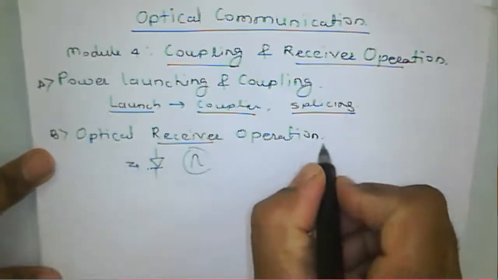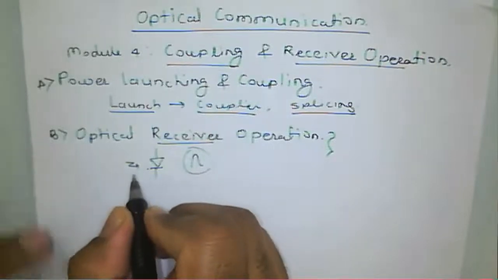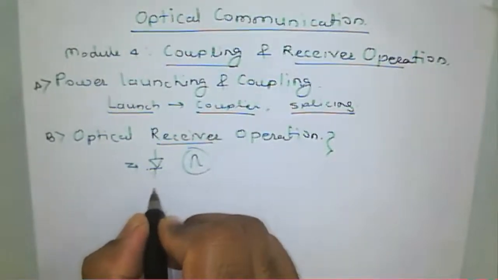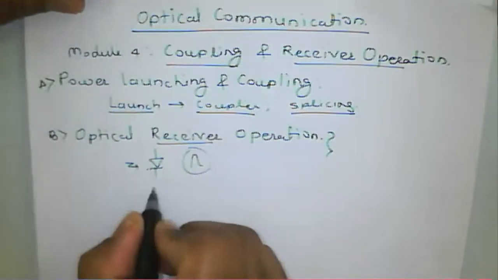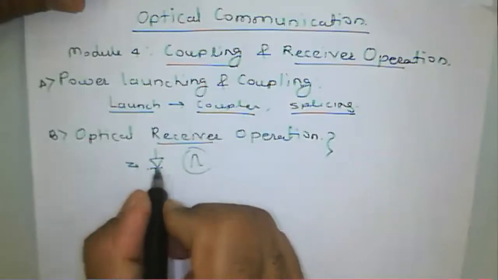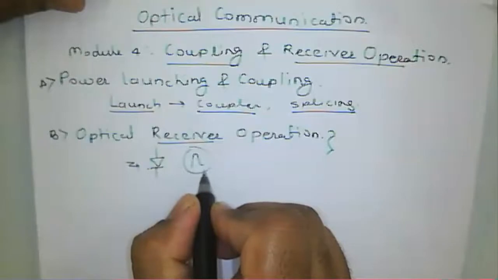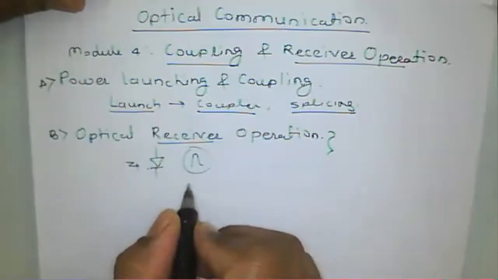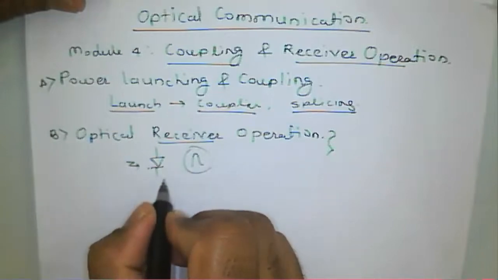The receiver operation is important because a detector will detect a photon of energy. How much photon energy needs to fall on this detector so that it generates the required current pulse? Again I am saying the word required. Why?